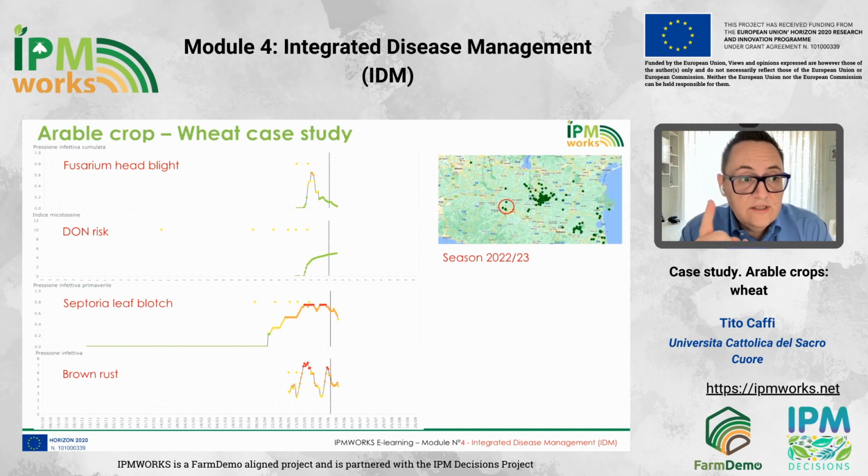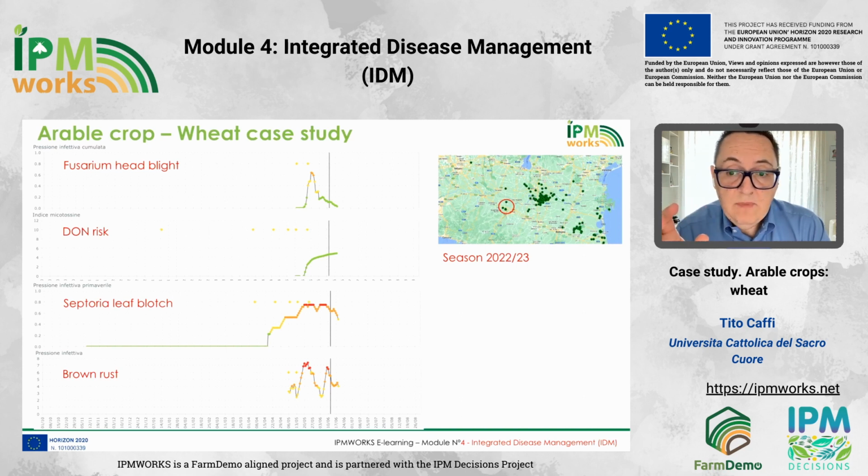So one shot is necessary for Fusarium head blight, but since we have this situation of risk for septoria and brown rust, most probably we have to select a proper fungicide that can be useful to cover all 3 different types of pests, of fungi.